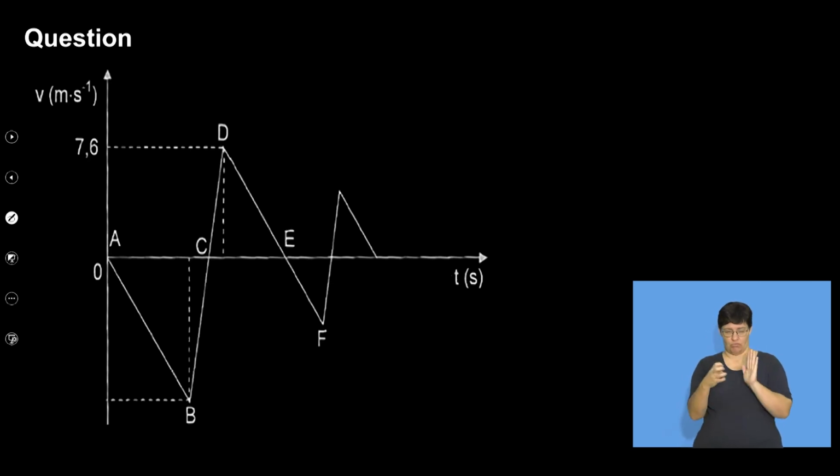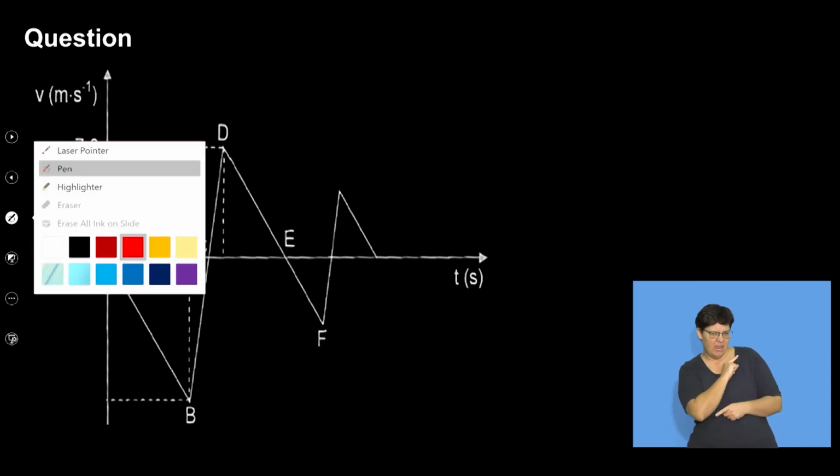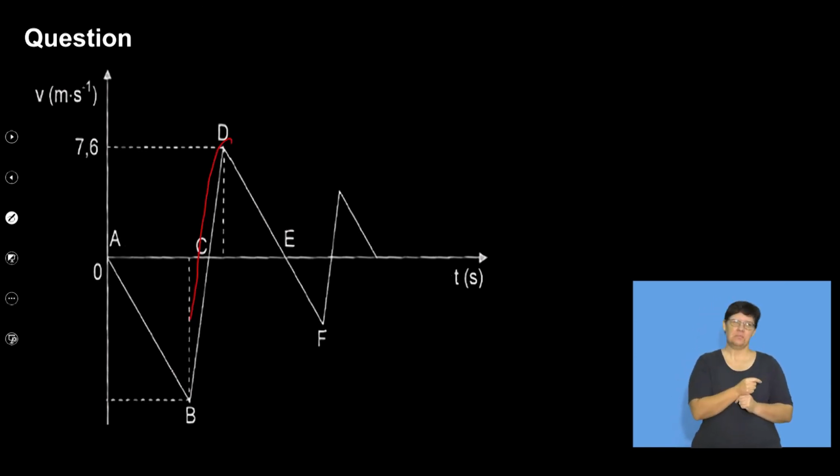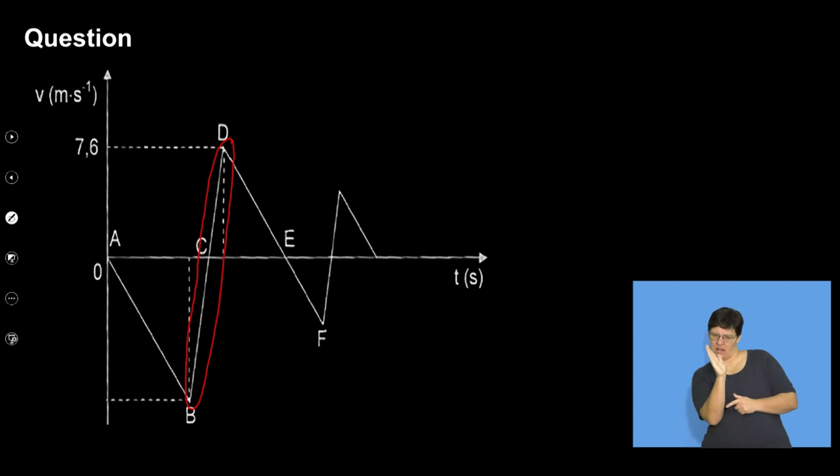Here's the graph. Now, this graph looks a little different to the ones we've drawn up till now. Why? Because over here, that isn't a straight line. It's been drawn at an angle. This graph is now taking into consideration the time the ball spends on the floor.